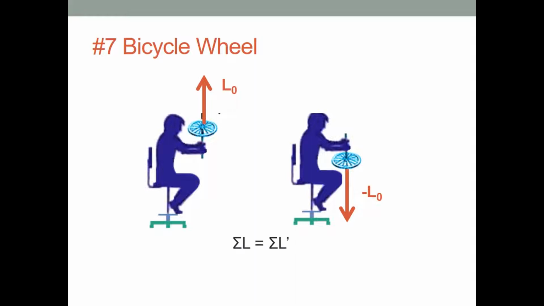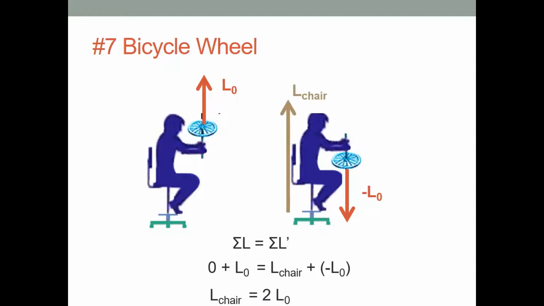So we need conservation of angular momentum to happen. At the beginning, I have no L. The wheel has L naught. At the end, I have whatever this L is. The wheel has negative L naught. If I solve that out, my L has to be equal to 2 L naught.